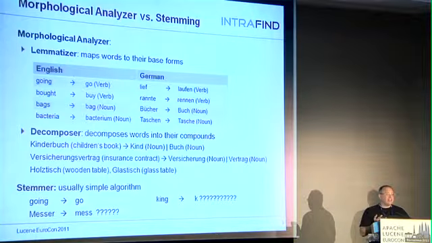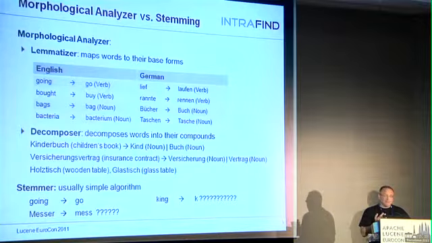This may be an easy task for languages like English, where words don't change so much, so you don't have so many inflections. But for other European languages like German, French, Russian, words change much more, and you have a lot more irregular words in these languages.